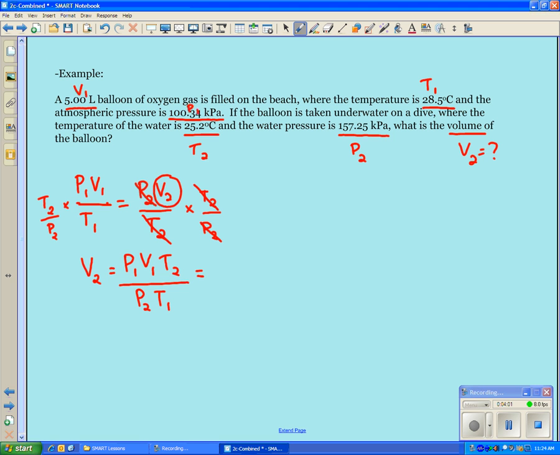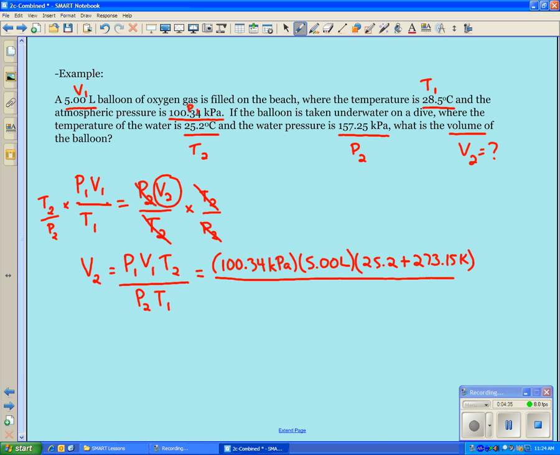So now in our formula we can start substituting in and doing our conversions for our temperature. So pressure 1 was 100.34 kilopascals. Volume 1, our starting volume, is 5 liters. And temperature 2 is 25.2 degrees Celsius. We know we have to change that into Kelvin, so add 273.15.